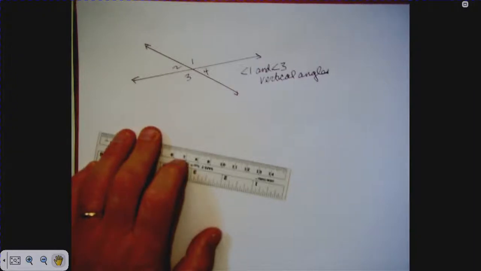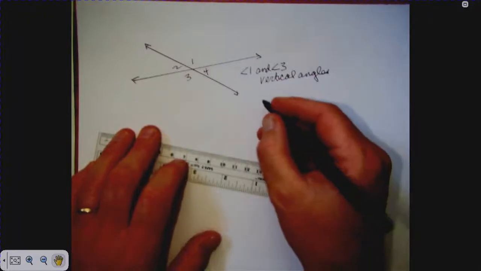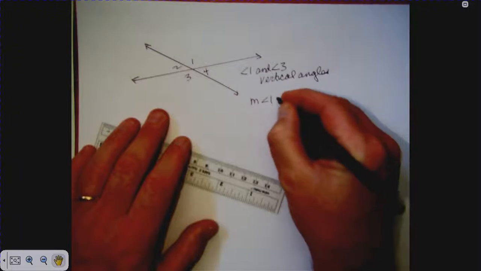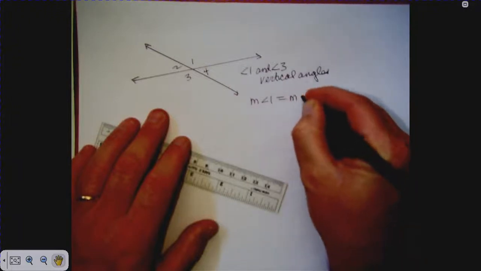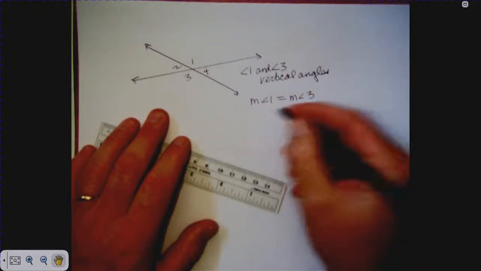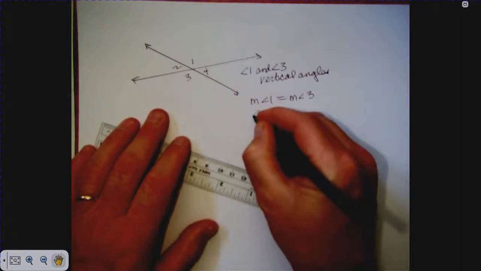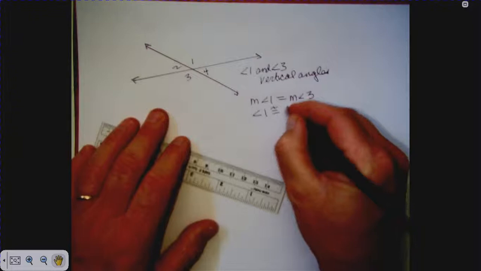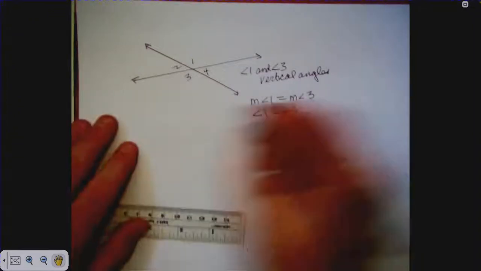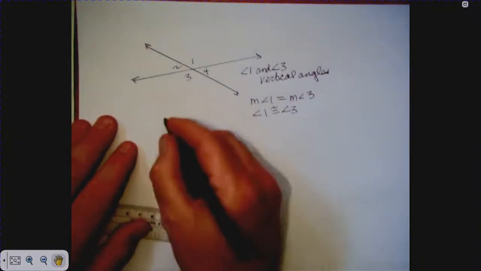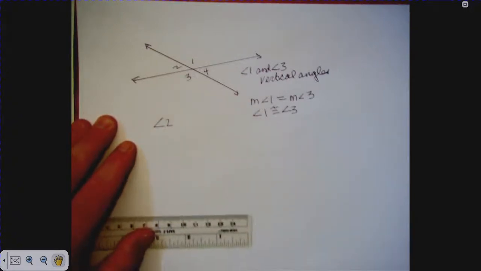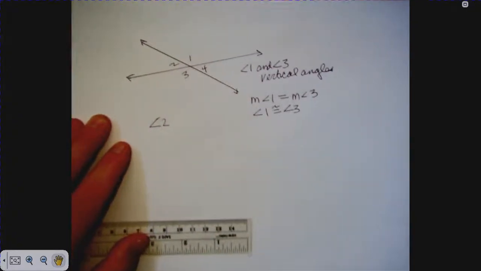The interesting thing about vertical angles is that the measure of angle 1 is going to equal the measure of angle 3, or we can say that angle 1 is congruent to angle 3. I'm going to zoom in a little bit so you can see this clearer.